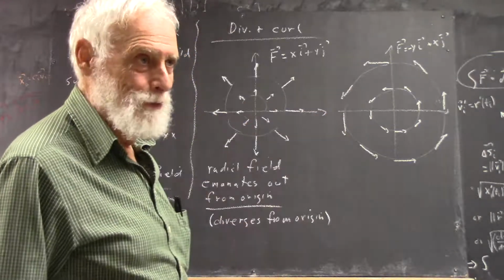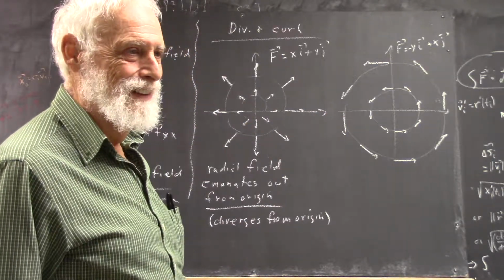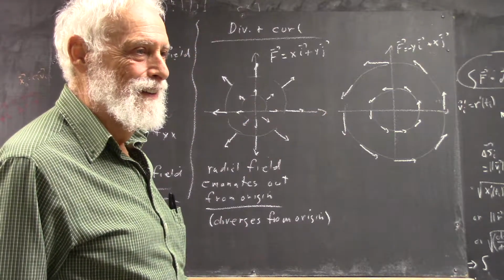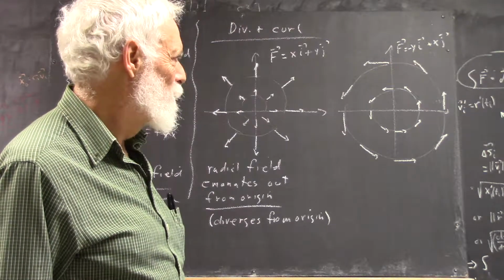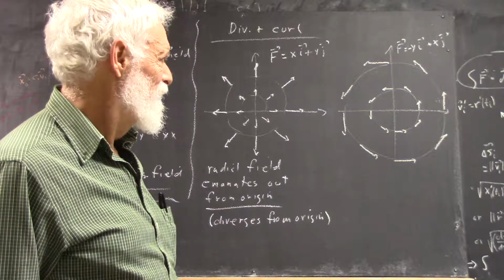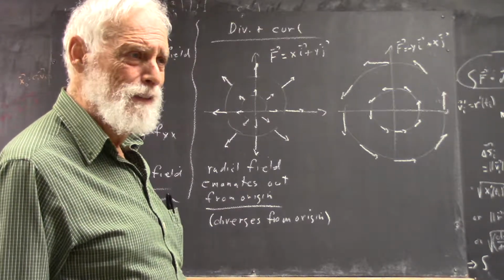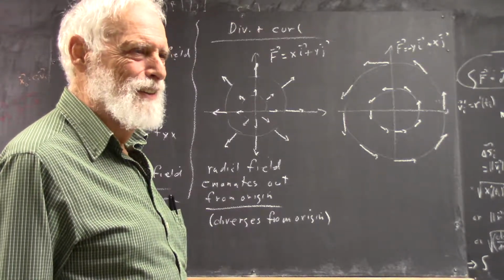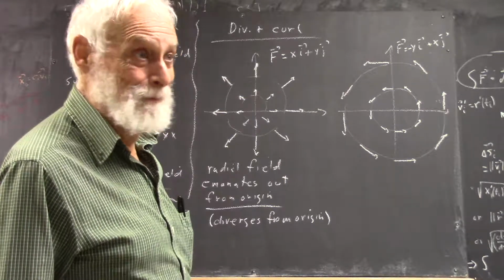What's this one doing? It's staying perpendicular to the origin. What's perpendicular to the origin? The vectors. You can't be perpendicular to a point. Perpendicular to a radial line, maybe.